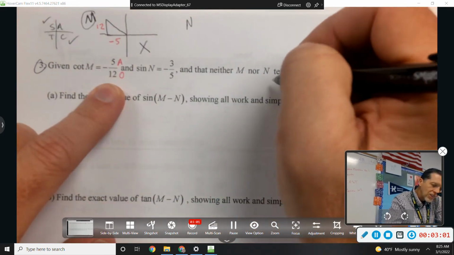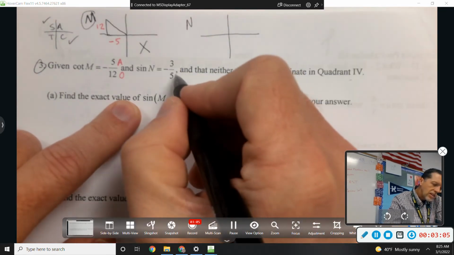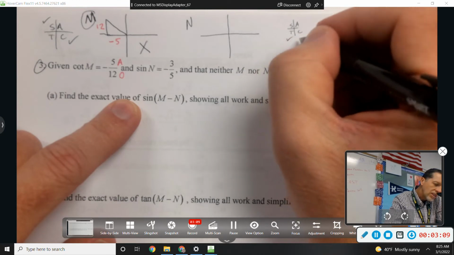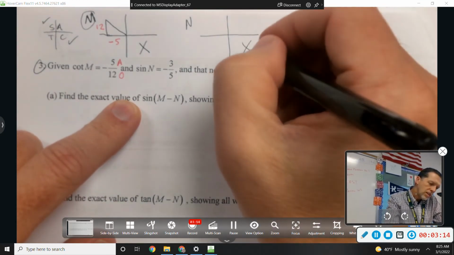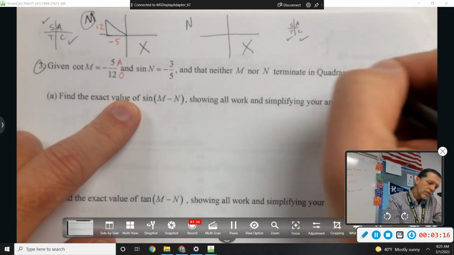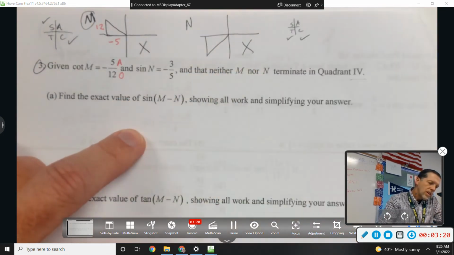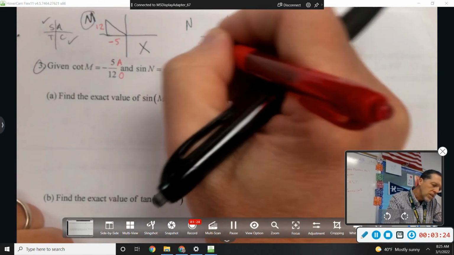Now for angle N, sine is negative in the 3rd and 4th, but not in quadrant 4, so it has to be in quadrant 3. So SOH, opposite over hypotenuse.